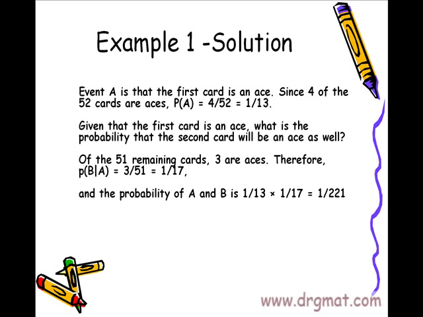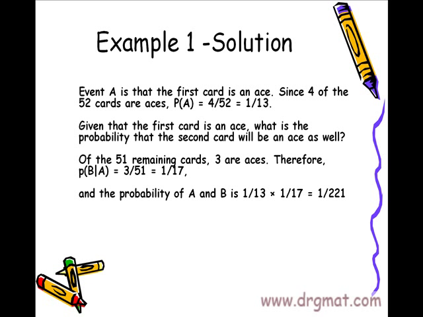So in our first draw, using simple probability, probability of event A is 1 over 13, as you can see here. Now what is the probability of event B? Because now I have 3 aces in the deck and I'm dealing with 51 cards, so the probability in this case would become 3 over 51.